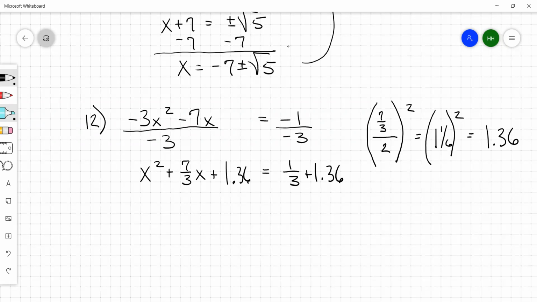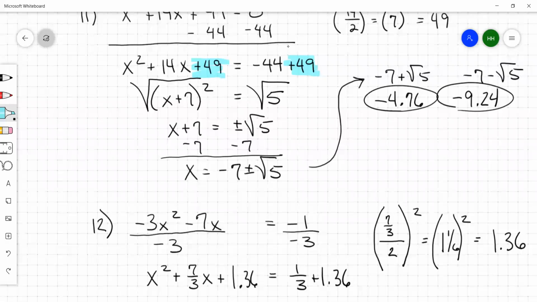Now, when you factor this value right here, this half of b squared, let me look back up here real quick. Half of 14 squared is what made this a perfect square. Okay? Half of 14 is what the factor was.